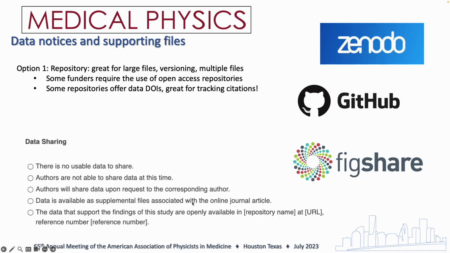So if you have just simple Excel files, or if you have really small figures or appendix text, this is what I would select. And then finally, if you have data that are openly available at a repository, we just ask that you include the repository name and URL, or if there's some type of reference number. Again, that's going to be for really large data, such as large sets of scans or DICOM files or software code.